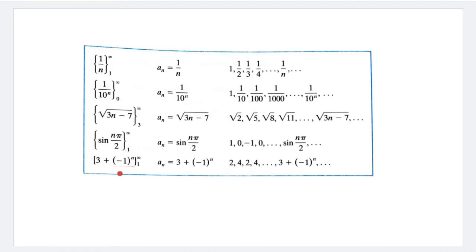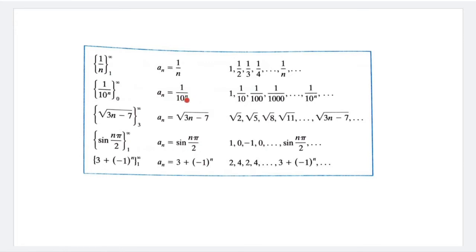And we can have a sequence like this. When we substitute the natural numbers to our sequence, 1 over 1, of course, is equal to 1. 1 over 2, 1 half, 1 over 3, 1 over 4, and so on. It goes on to infinity. For the second sequence, we can have 1 over 10 to the n. So 1 over 10 to the power 0.